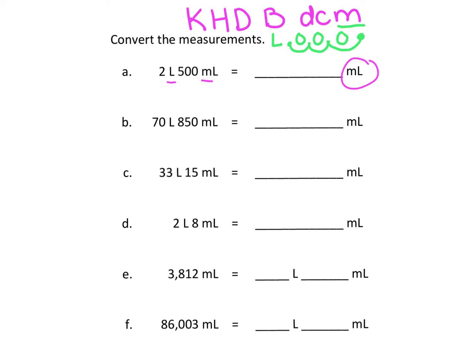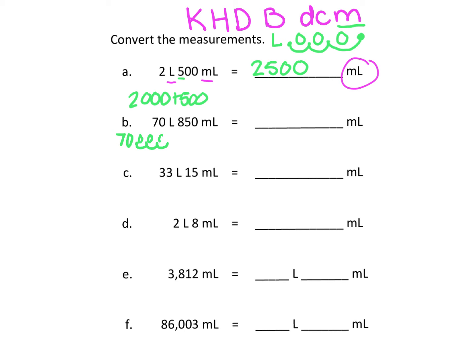So if we have 2 liters, we know that we have 2,000 milliliters plus our 500 milliliters, which means that 2 liters, 500 milliliters equals 2,500 milliliters.